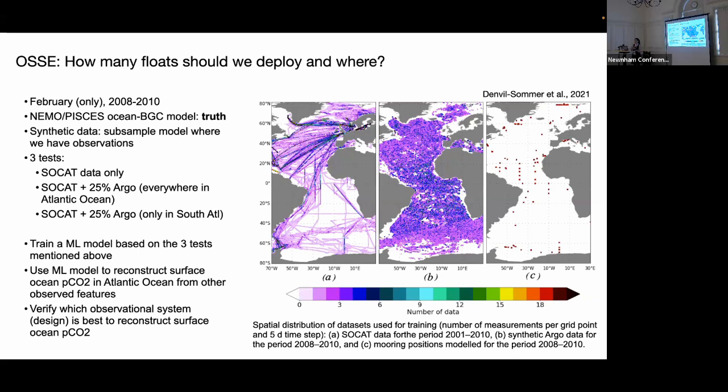So we'll have a list of predictors that we use to reconstruct the pCO2. We train 3 different models based on the 3 different designs, and then we test which of these designs is the most efficient. Some of the data will be used for training, some for evaluation, and some for validation.